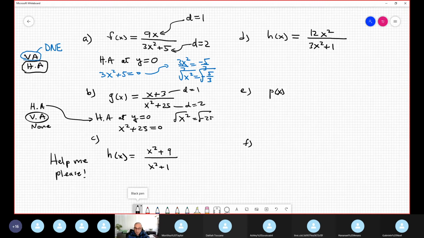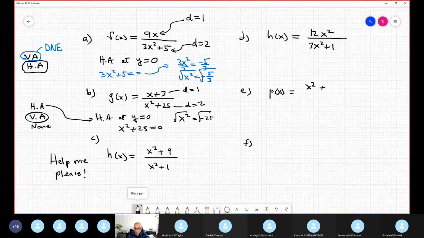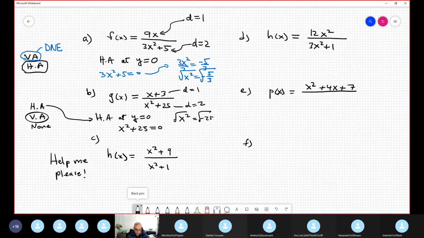E is x squared plus 4x plus 7 divided by 4 minus 2x squared. And the last one is m of x equal to x minus 2 over x squared minus 9x plus 14.